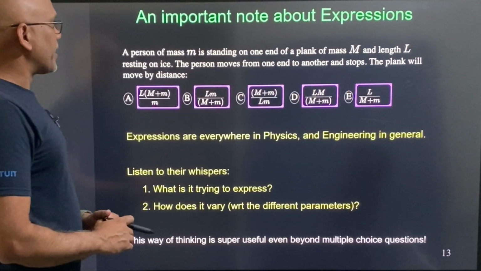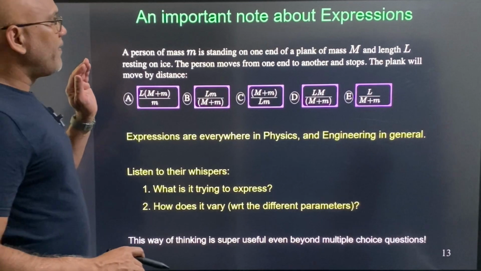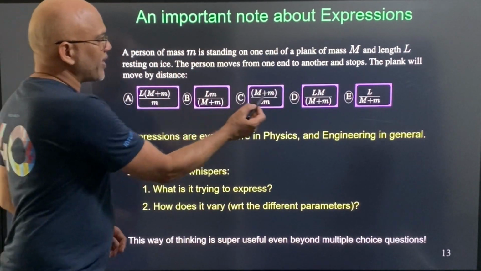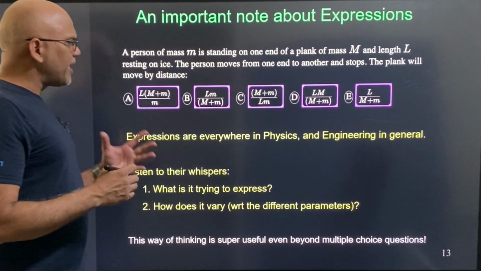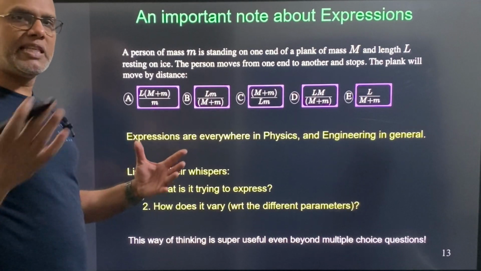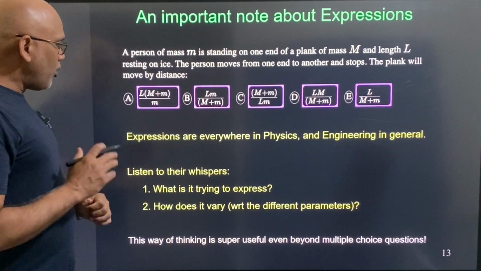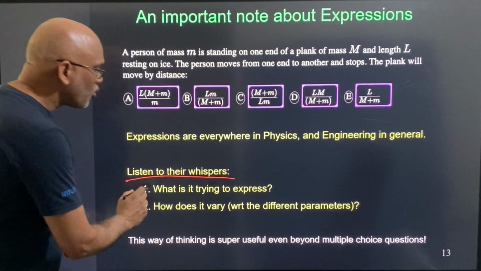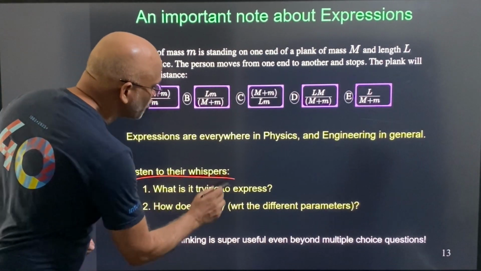But let's keep going. Okay, I want to give an important note about the expressions. So these are all expressions, right? Expressions are everywhere in physics and engineering in general. You'll see them everywhere. Now listen to their whispers. This is very important. Always try to ask, what is it trying to express?